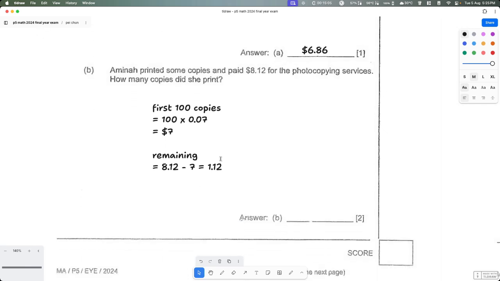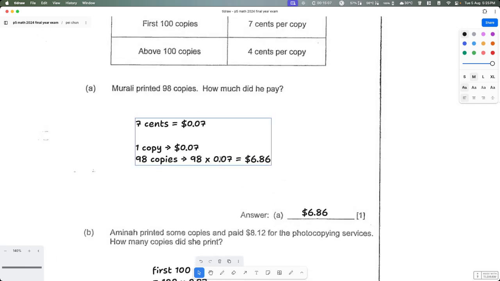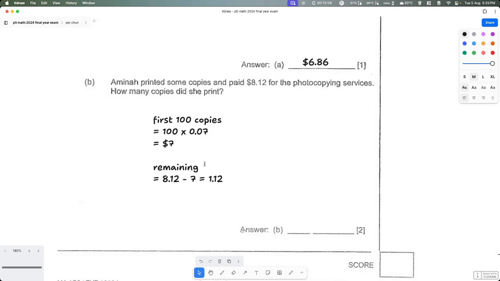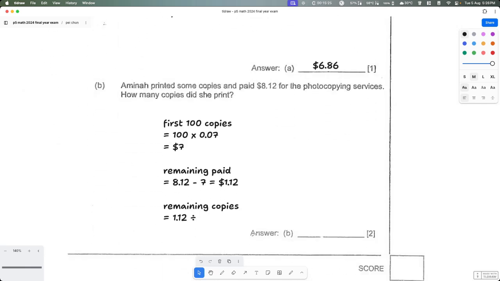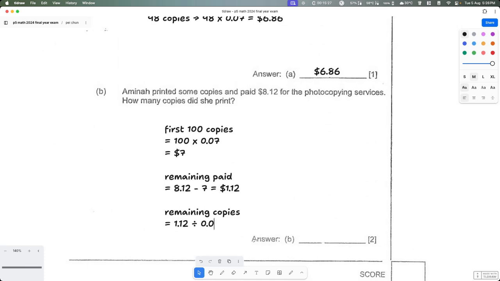So the remaining copies is equal to 1.12 divided by 0.04.